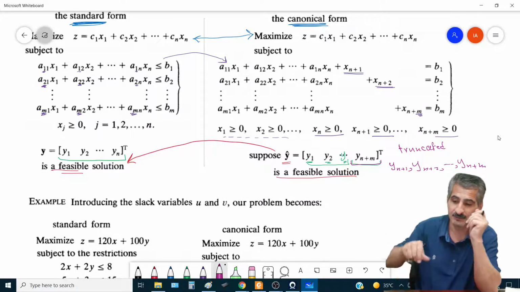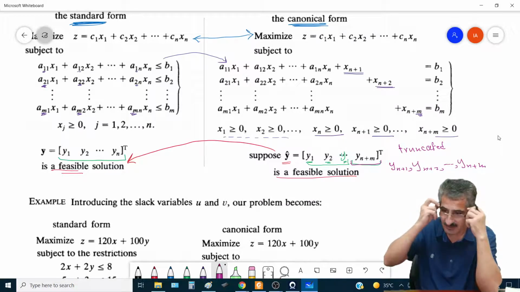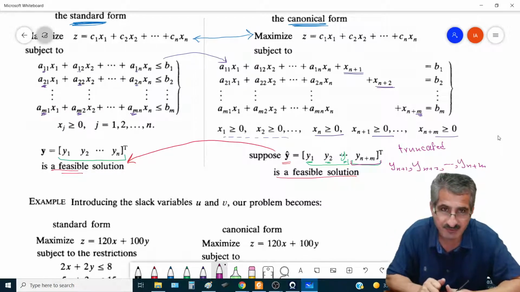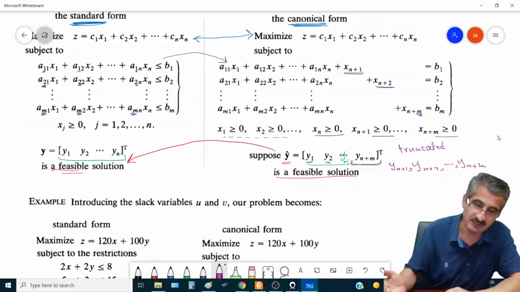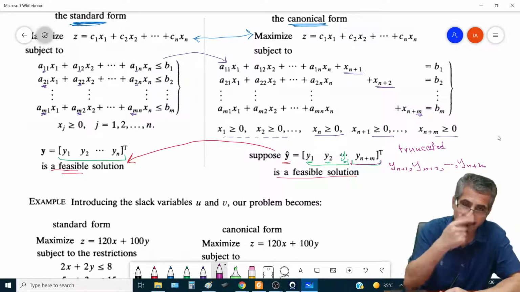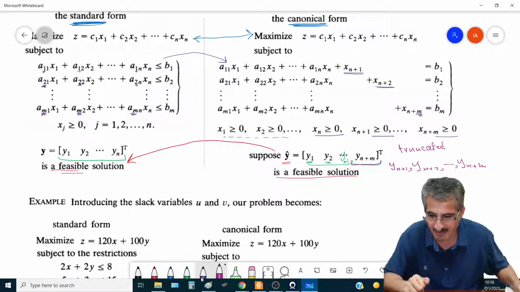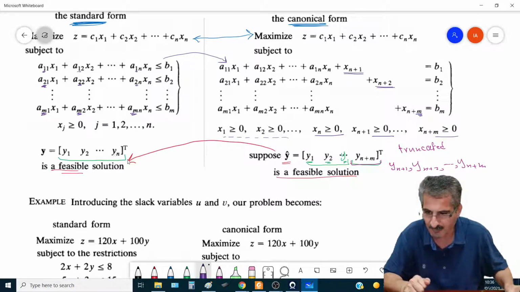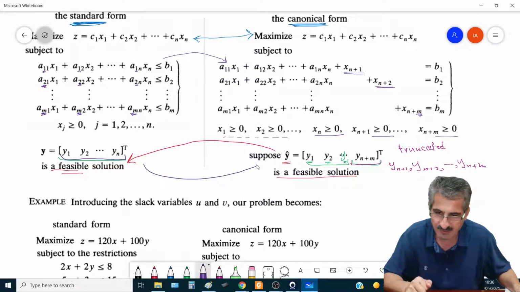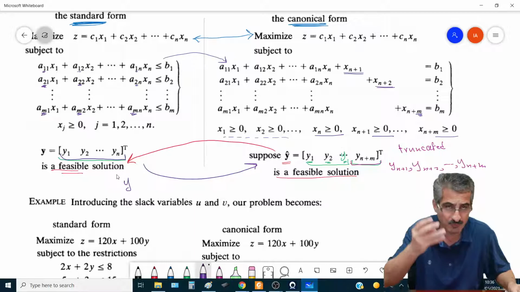Okay. Good. Now one may ask, what if I have a solution for the standard form? Can I obtain a solution for the canonical form? Yes, actually. How do we do it? Here we have y1, y2, yn.